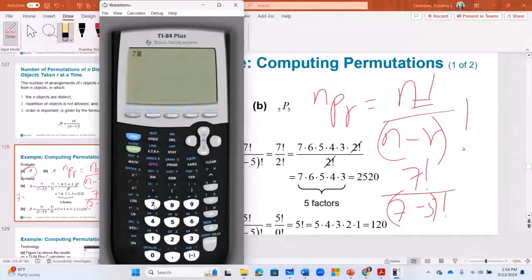I go to 7, go to math, arrow to PRB. Permutation is number 2. And 5. So now I have 7 permutation 5 with my calculator. I hope you see why I'm doing this today, so that you will practice with permutation.